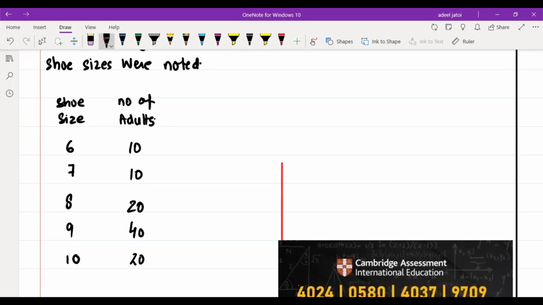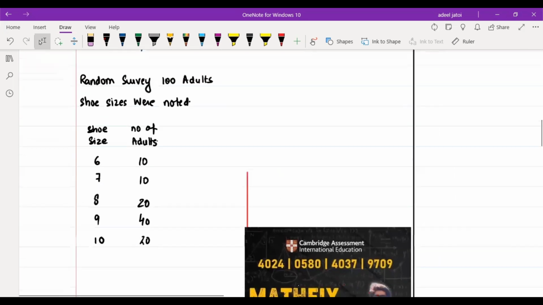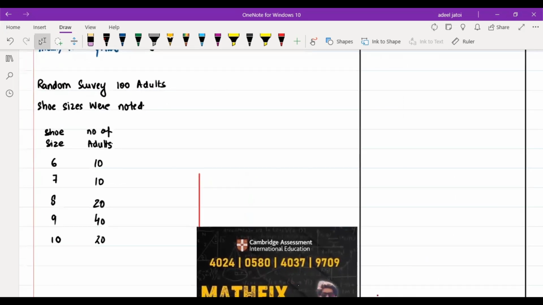So now you need to understand what this represents. If I say your shoe size represents X, then number of adults basically represents frequency. That is how many adults there were, because for single units, the size is the same for all.